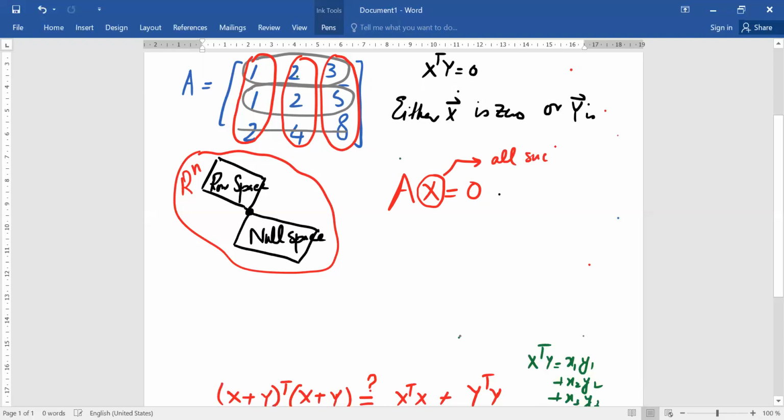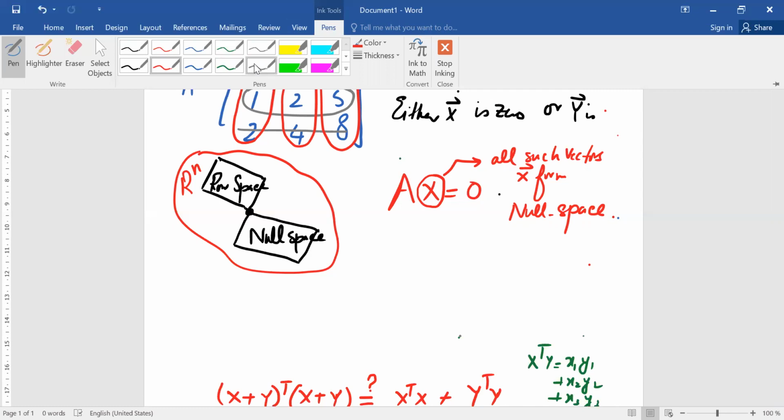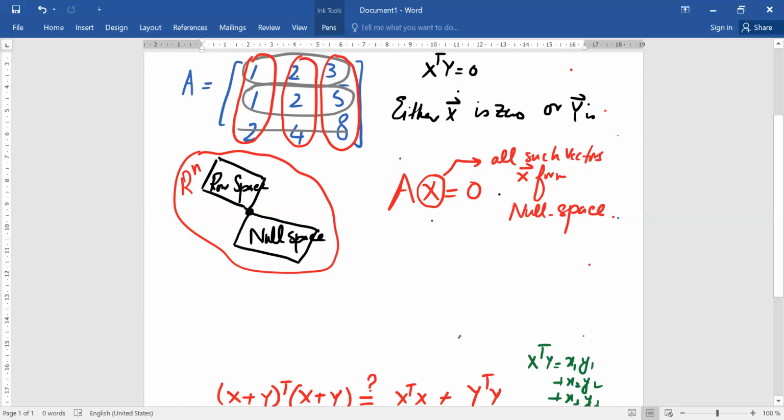All such vectors X form the null space. All those vectors which satisfy the matrix equation A times X equal to 0 form the null space.